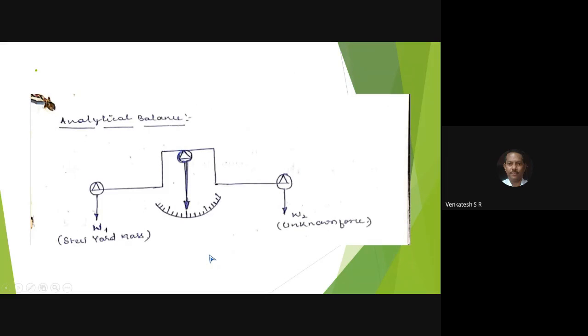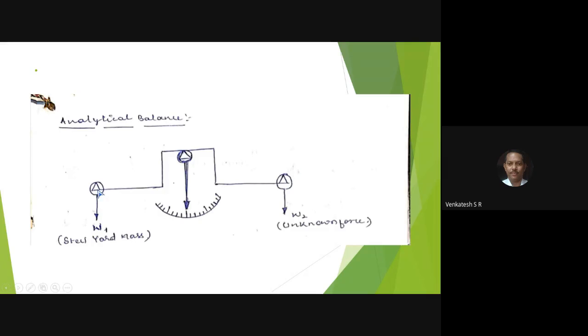All of you observe here, this is the analytical balance which you already used in the chemistry laboratory for weighing chemicals. Here there are two pans, W1 and W2. In the center, one more pointer is present, placed on a trapezoidal form, like a triangular support. The knife edge is placed on the beam. This line indicates the beam.